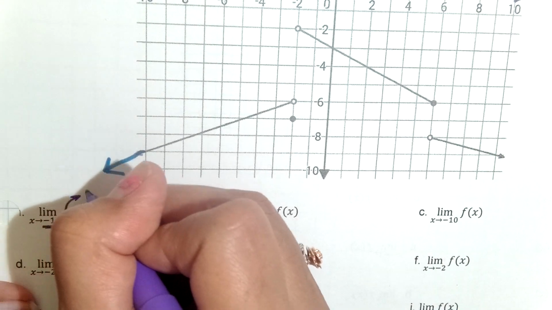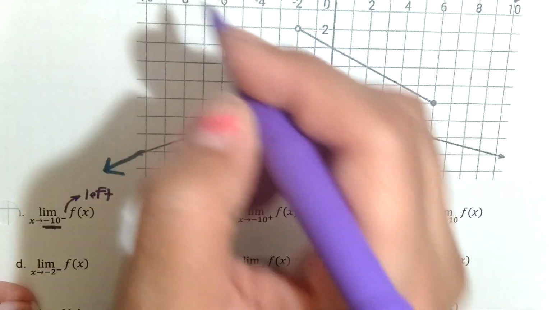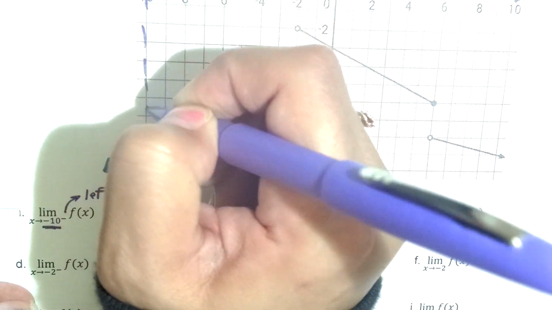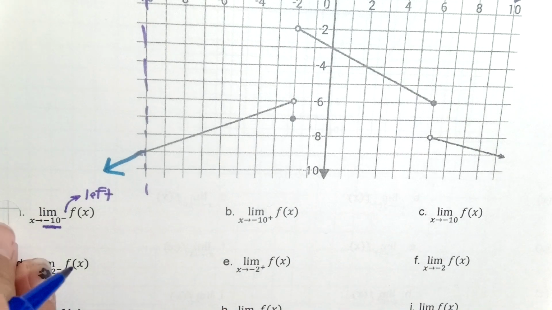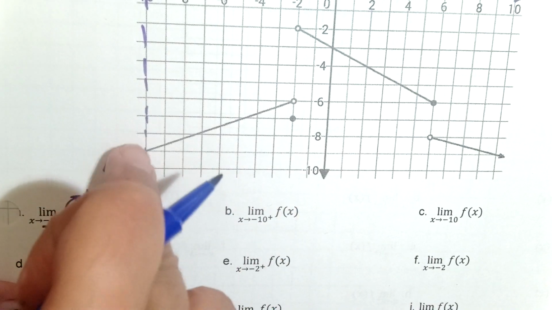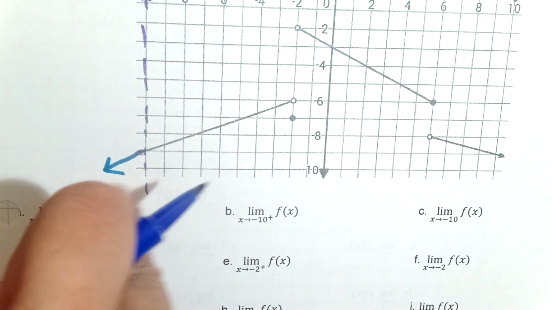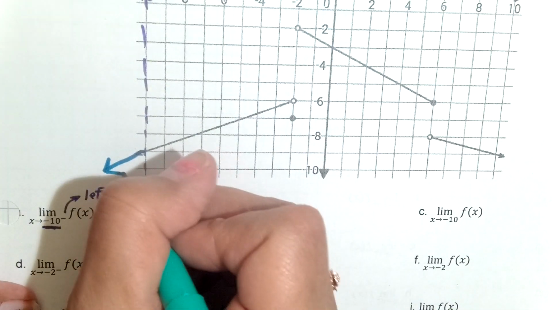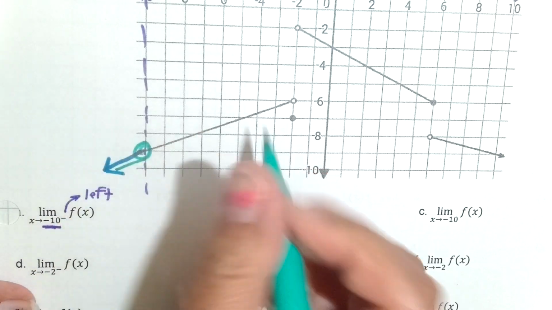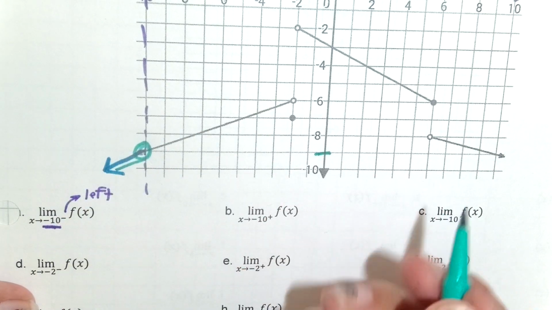To the left. From the left. So here is my line. And I'm going to go from the left. Remember, I go left to right until I get to an intersection, and then right to left when I get to an intersection. So from left to right, when I get to the intersection, I get negative 9.